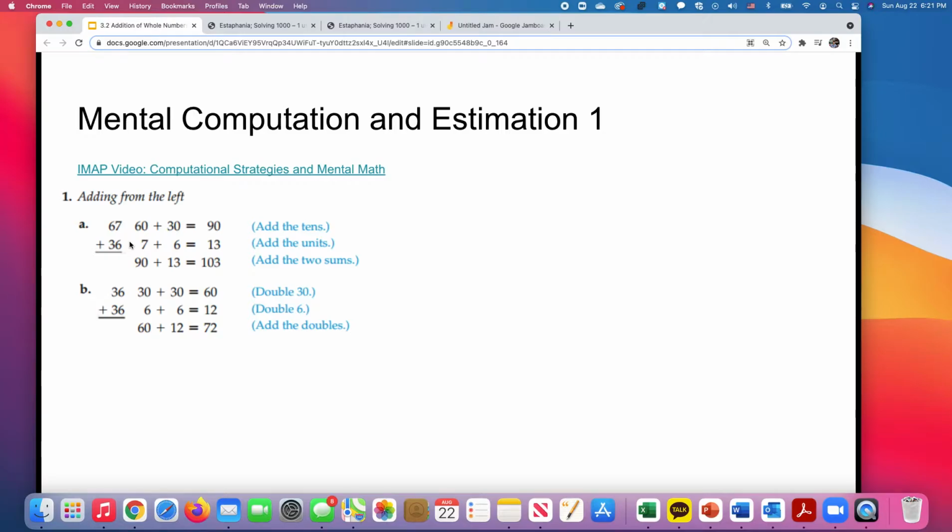So usually students start from left to right. It's very opposite of how we add in the standard algorithm. In the standard algorithm, we start from the ones place because we need to have the regrouping process there. But when you're working in your head, we barely do that, right? Sometimes we do, but barely.